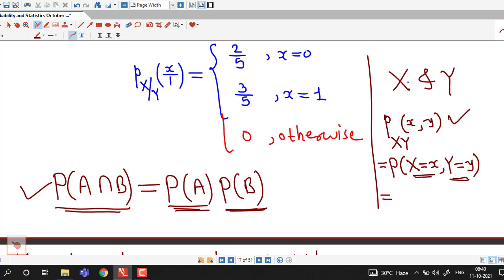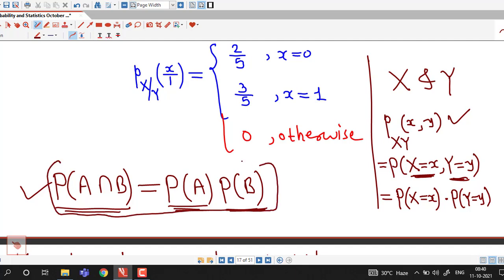These two events are independent if the probability of the intersection equals the product of the probability of X equal to x and Y equal to y. Using this definition, two events are independent if the probability of their intersection equals the product of individual probabilities.